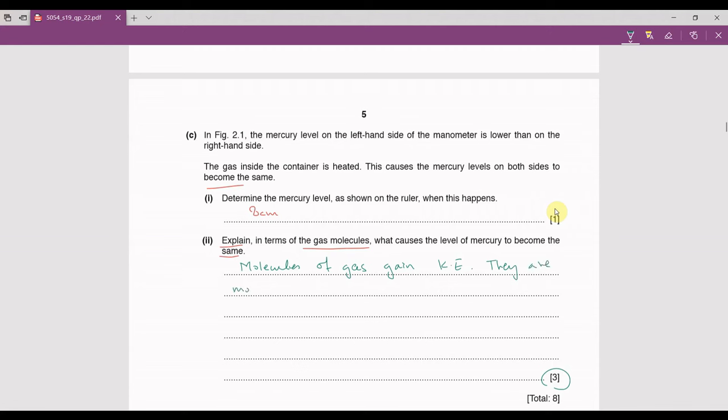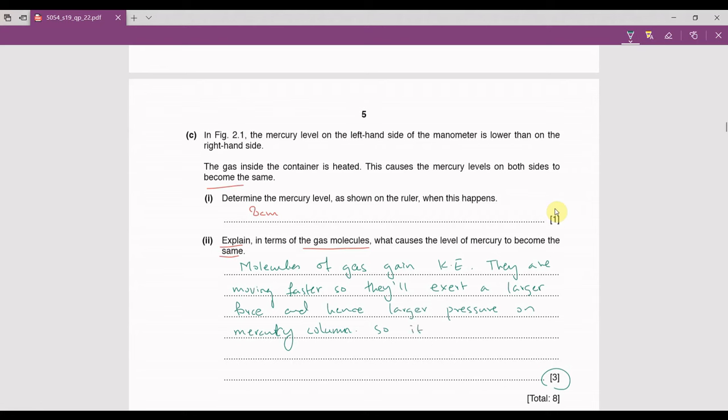They are moving faster, so they will exert a larger force and hence larger pressure on what? On the mercury column.